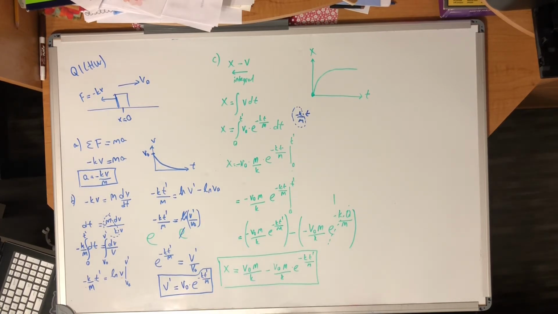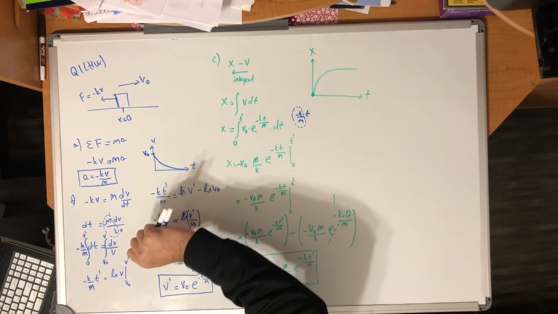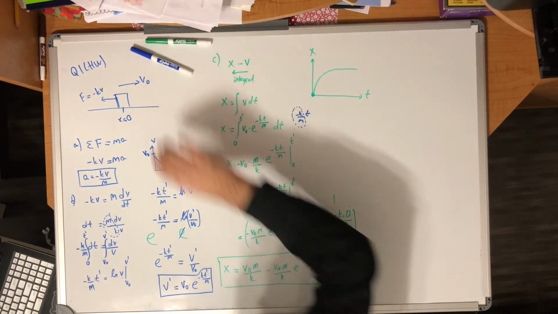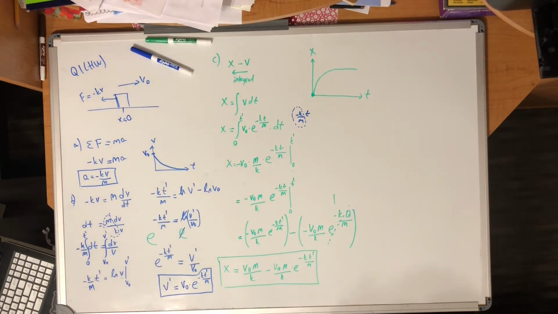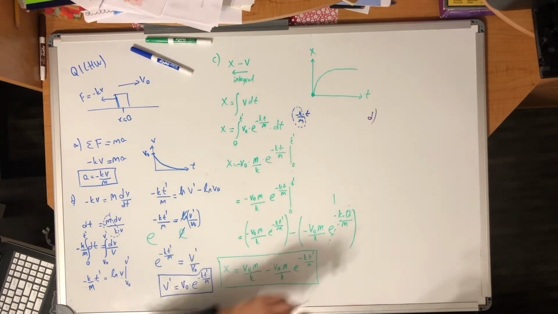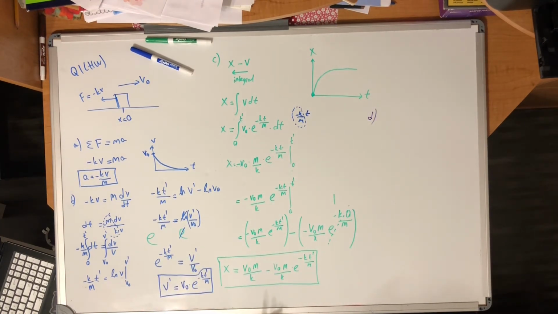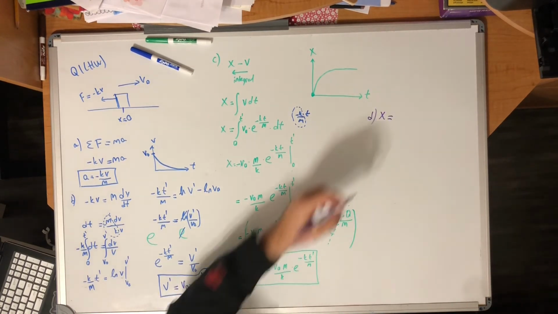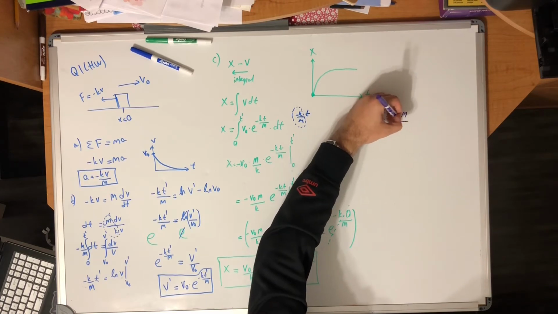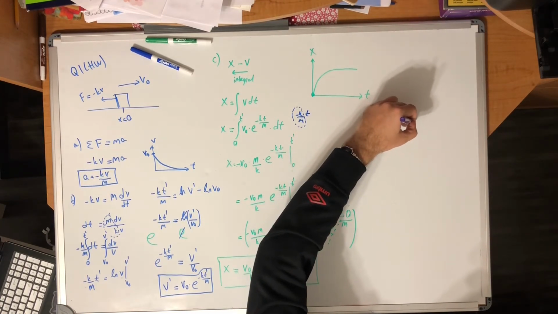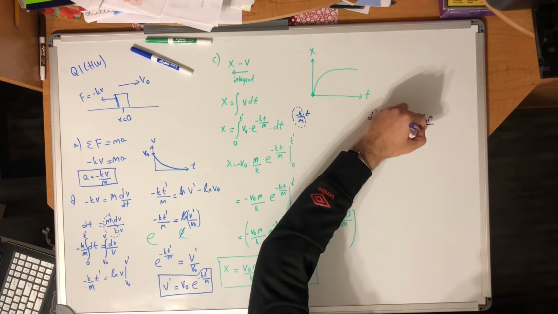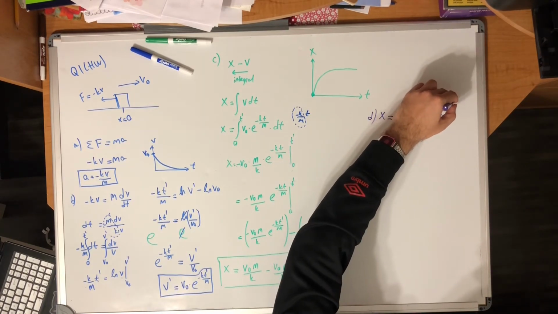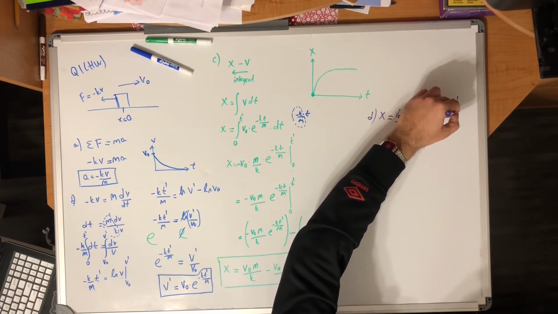And at the last part, they're asking for the actual position of the object. So my x as a function of time is already v0 m over k minus v0 m over k times e to the power of negative k t prime over m.